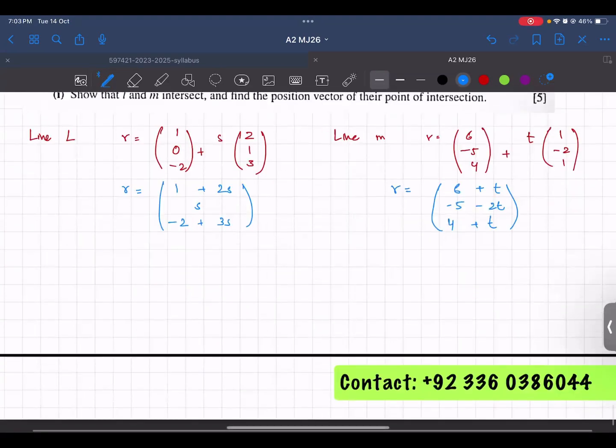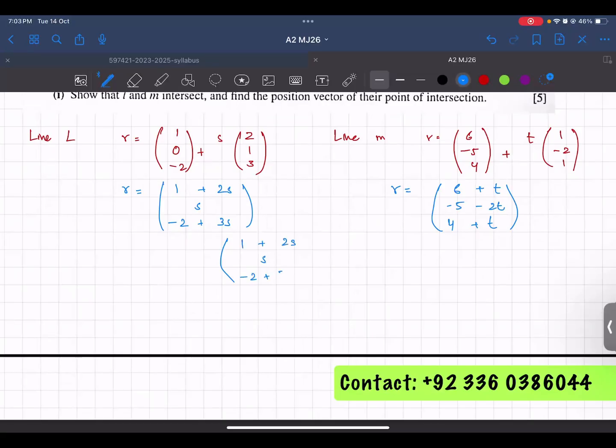And now we equate them together. Look at what I'm doing.